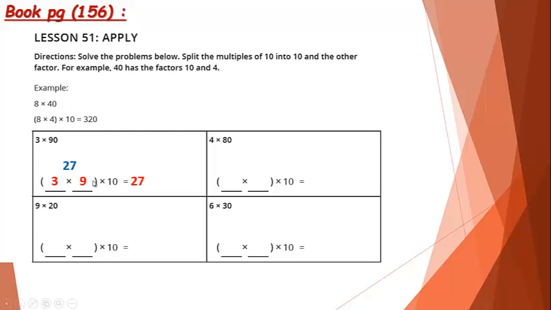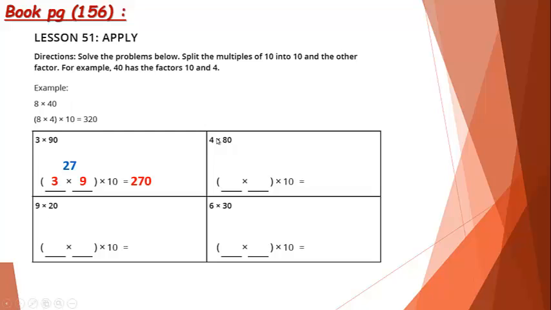And then I'm going to multiply the 27 times 10. Any number times 10, as we know, I'm going just to put the same number and beside it a 0 on the right side. So the final answer is 270. Let's see the next one.